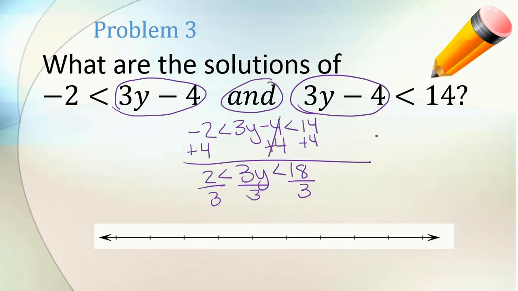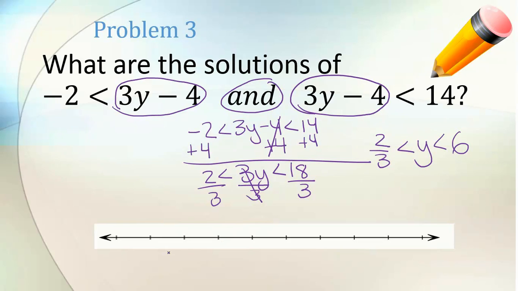I'm just going to leave it as 2/3. The 3's are going to cancel out, leaving y in the middle. And 18 divided by 3 is 6. 18 divided by 3 is 6.